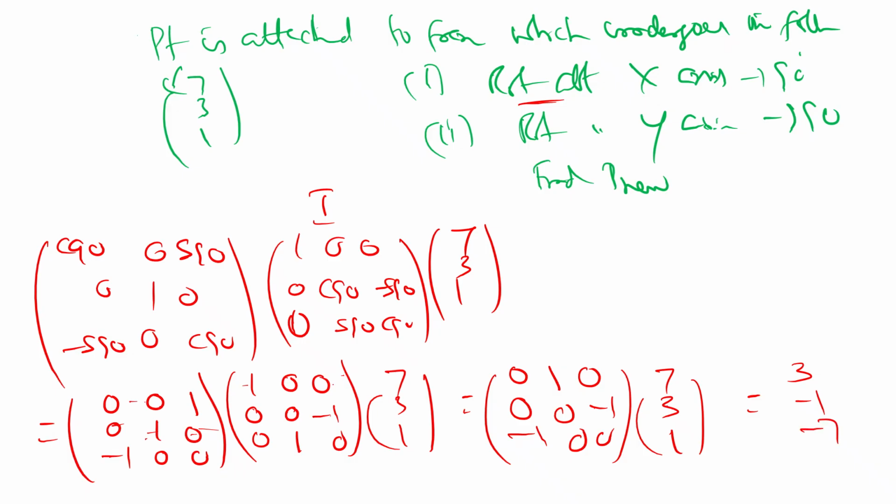Here it is minus 7. See the change: 3, minus 1. So all the coordinates are changed because of this.